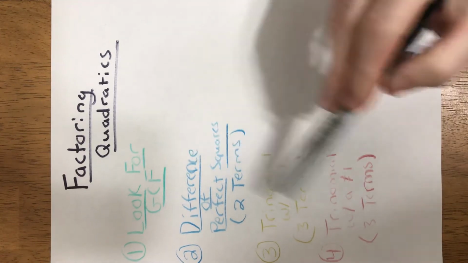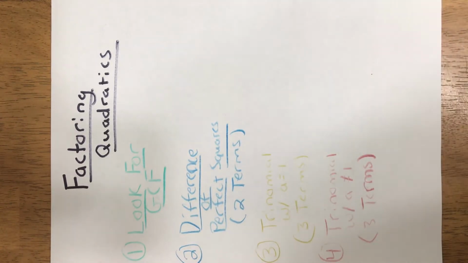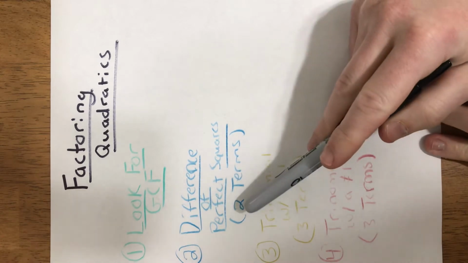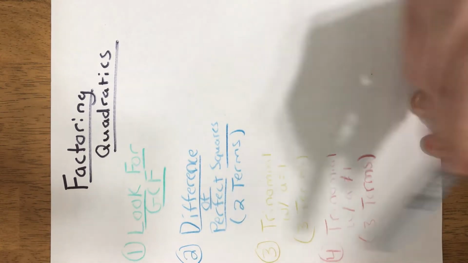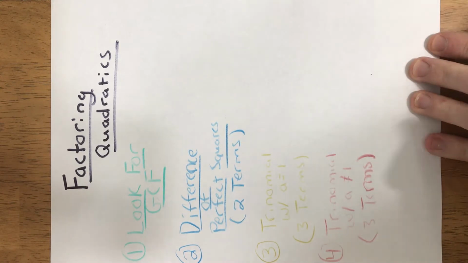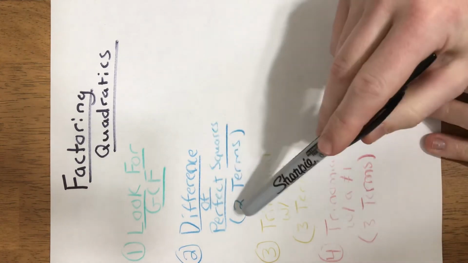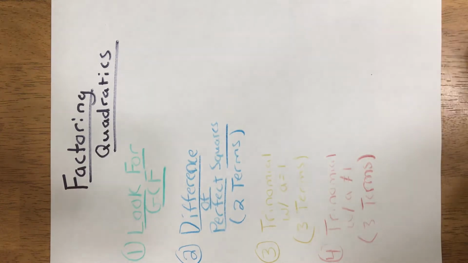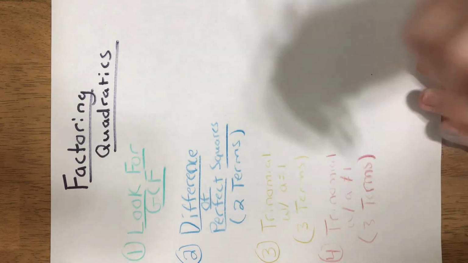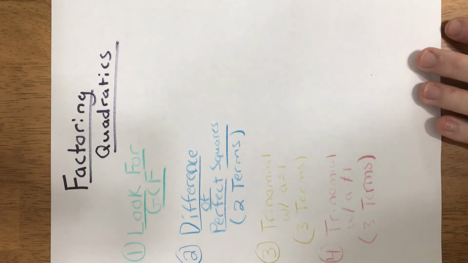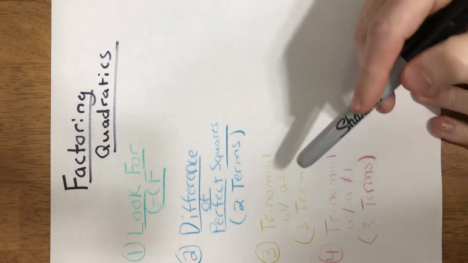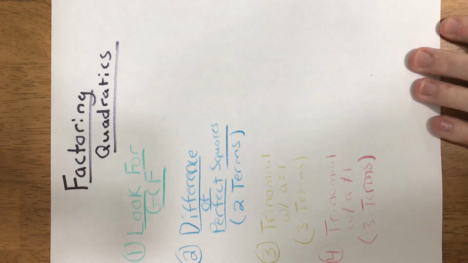The next thing you're looking for is difference of perfect squares. If there's a difference of perfect squares, you're usually going to know it because there's going to be 2 terms. If there's more than 2 terms, you can't have a difference of perfect squares. And our last 2, these kind of go together, are both going to be trinomials. One is when a is equal to 1, which is going to be our x method.